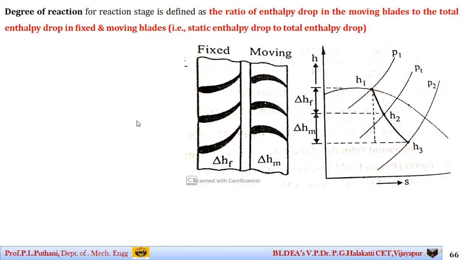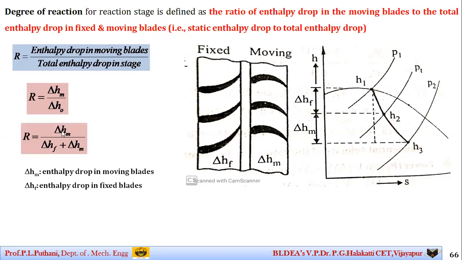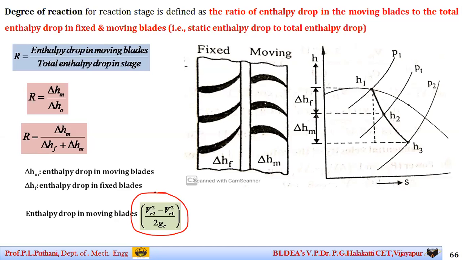Mathematically, I can write this expression as R is equal to delta HM by delta H, that is the sum of both the fixed and moving blades together, or I can write it individually in this form also. The enthalpy drop in the moving blades, delta HM, we can write in velocity terms as (VR2 square minus VR1 square) by 2gc.